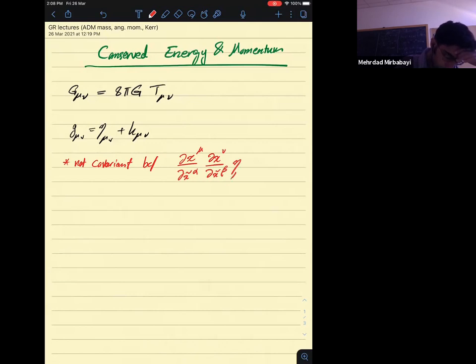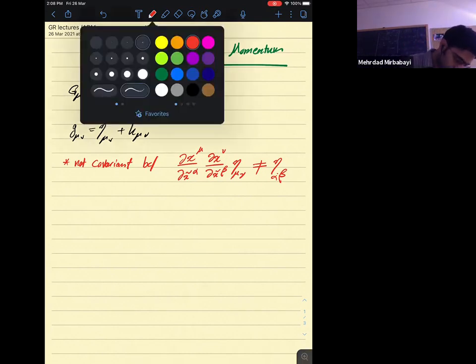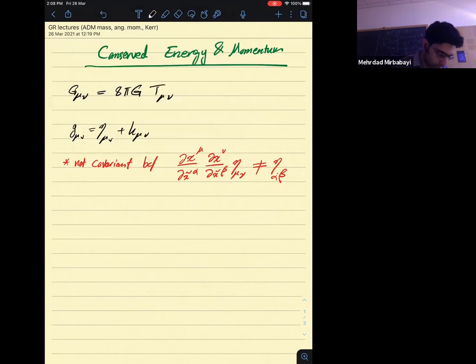But now if I apply it to this decomposition, if I apply it to eta mu nu, that generically is not equal to eta alpha beta. So this is an arbitrary frame-dependent decomposition, but we will see why it is useful soon, when we are talking about asymptotically flat space.